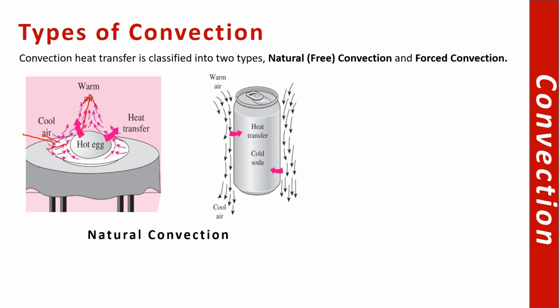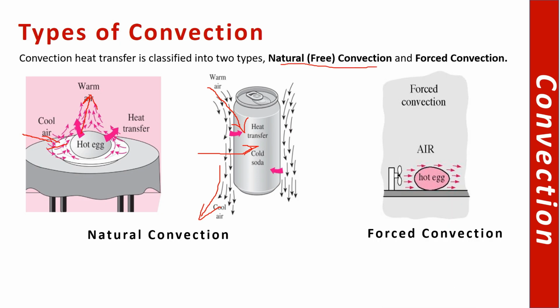There is no external agent involved in it. Similarly, when heat transfer takes place between a cold soda and the air, the warmer air comes in contact, heat transfers from higher temperature to lower temperature, and the cool air moves down. This process takes place quite freely and naturally.